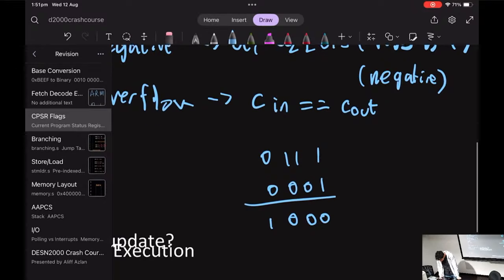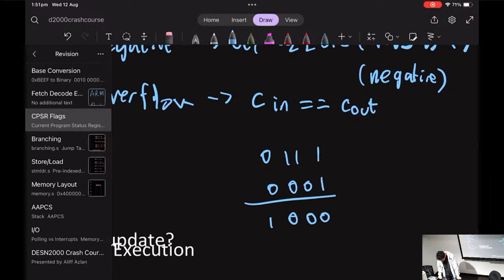So what we mean by carry in versus carry out is we look at this last placement, last digits. So what's the carry going into these last digits? As we did this addition, 1 plus 1 is a 0, then we carry.